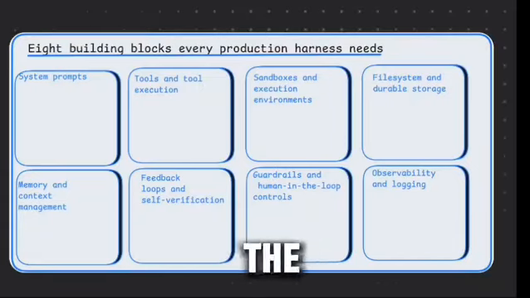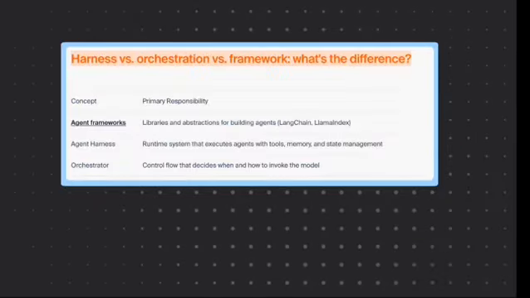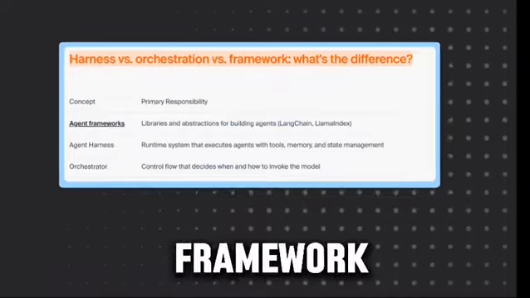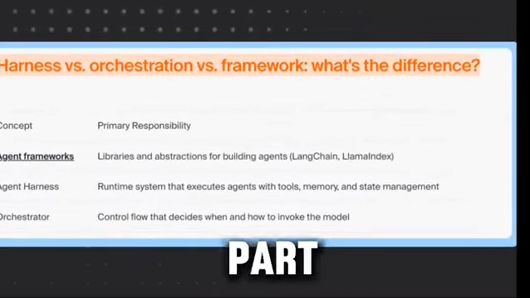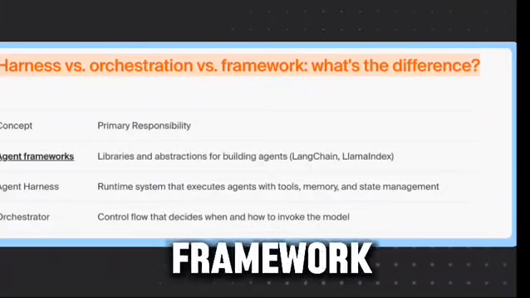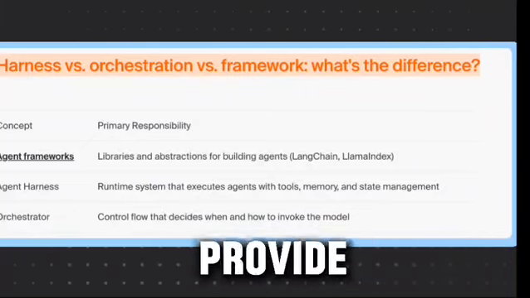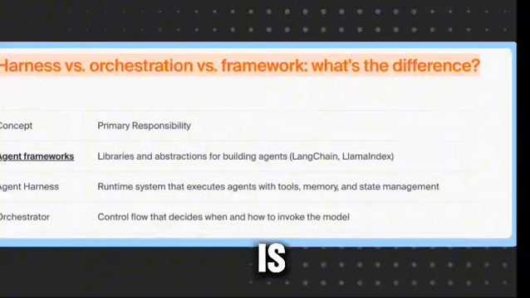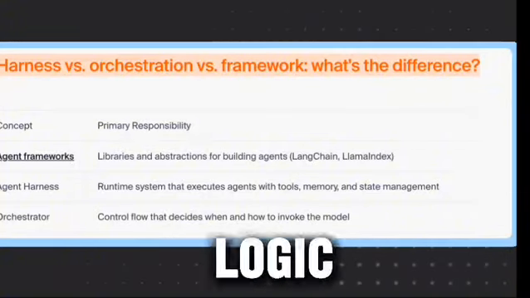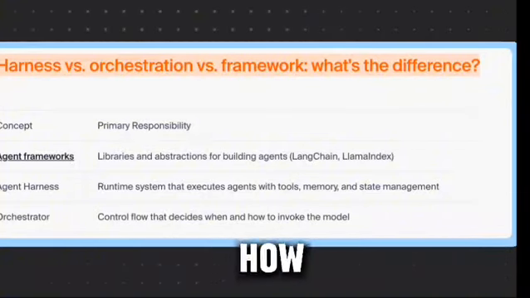Let's see now the difference between harness, orchestration, and framework. Those software layers handle different parts of the task. A framework is a software library that provides basic building blocks, like LangChain and LlamaIndex. An orchestrator is control logic defining when and in what order models run.